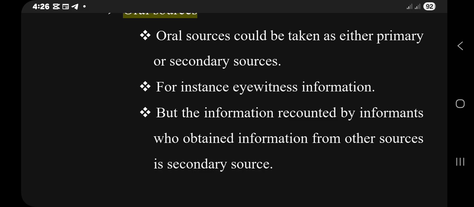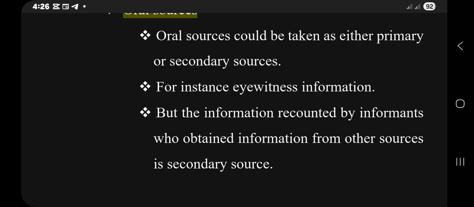Generally, whether primary, secondary, or oral sources, historians, before using them, must check the originality of primary sources, whereas for secondary sources, they recheck or evaluate their reliability.